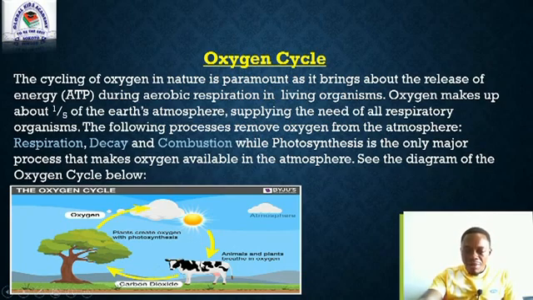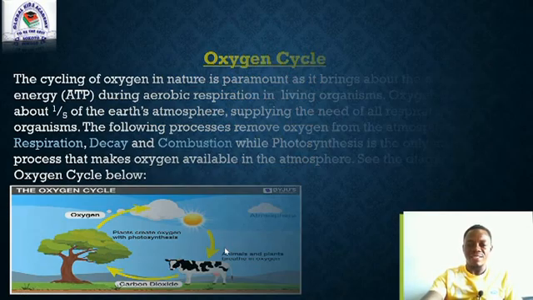And then animals and plants breathe in oxygen, so they take oxygen from the atmosphere. Look at this arrow, showing that oxygen is being taken from the atmosphere by plants and animals during the process of respiration. So oxygen is needed for breathing, and it is taken from the atmosphere. Oxygen is made available in the atmosphere by the process of photosynthesis. So very simplified and very interesting.